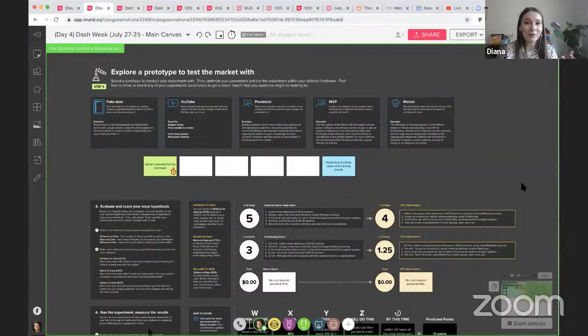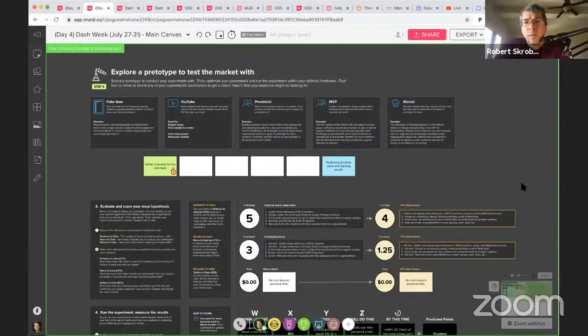We have an idea now. We set our minds to something, we decided, and how are we going to test it? And this looks like a really interesting way to actually gather results quickly in a measurable way.